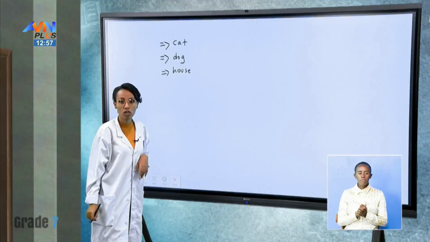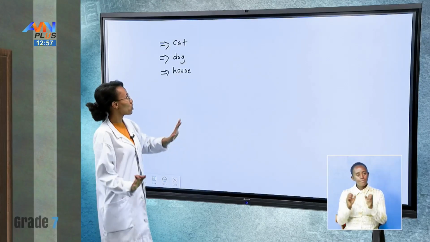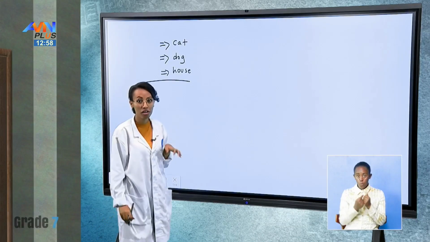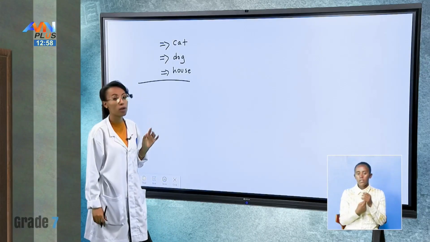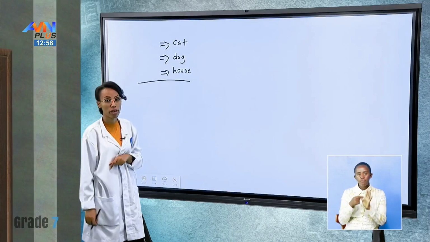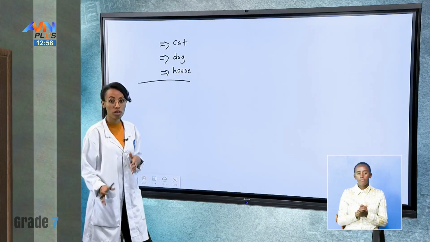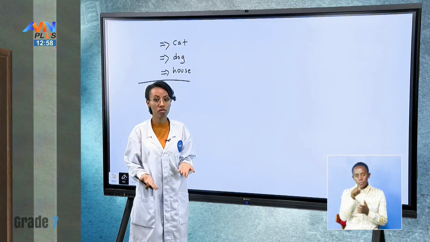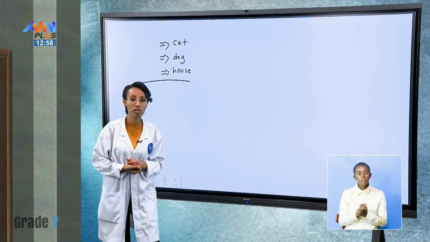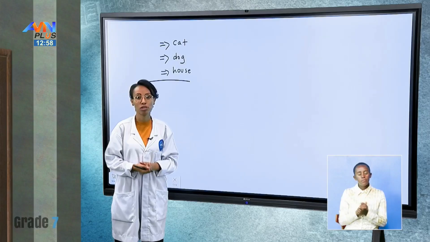Okay, so can you change these three words? What are they? They are singular nouns, right? So I want you to change them to their possessive form using an apostrophe. How would you write it? I will give you a few seconds to finish this and we'll do it together.